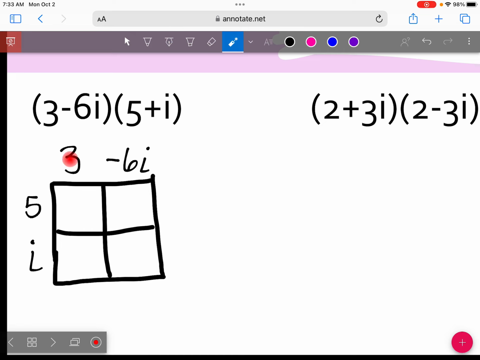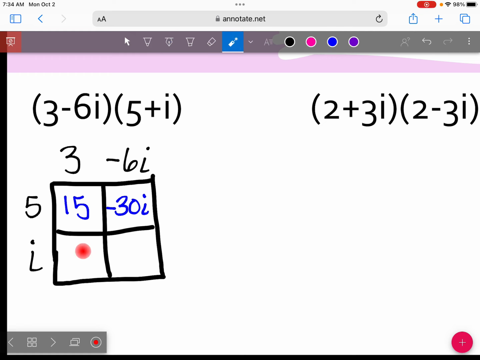So we take our 5 times 3. What is 5 times 3? 15. 5 times minus 6i. Negative 30i. The i's still there.